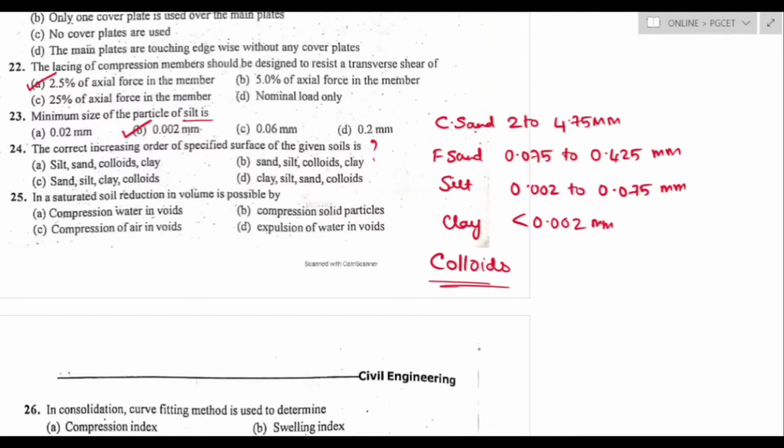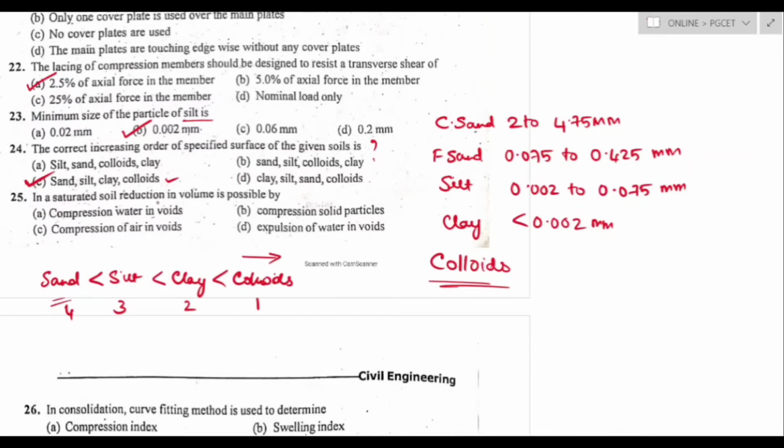The increasing order of the given soil will be sand, lesser than silt, lesser than clay, lesser than colloids. So colloids will have the highest specific surface area and sand will have the least surface area. Option C will be the right answer, that is sand, silt, clay and colloids.